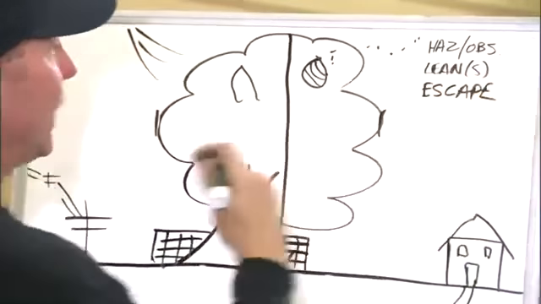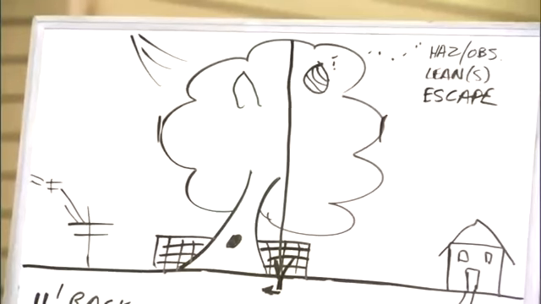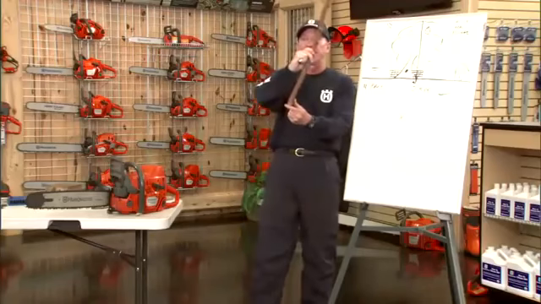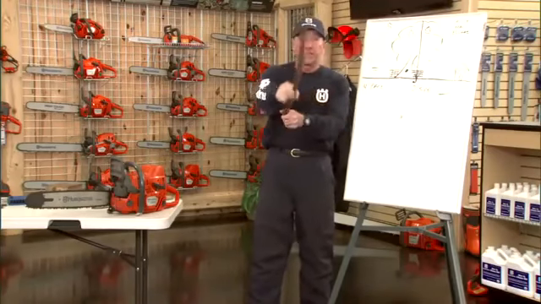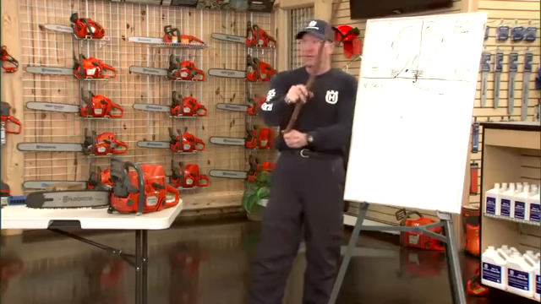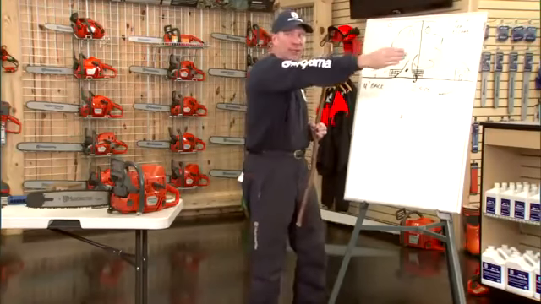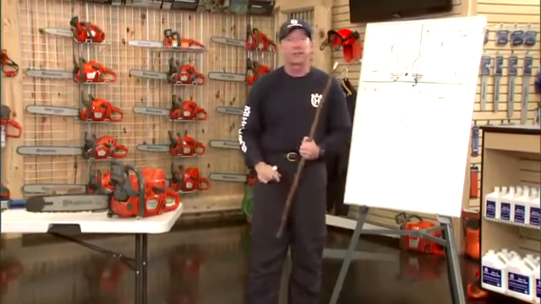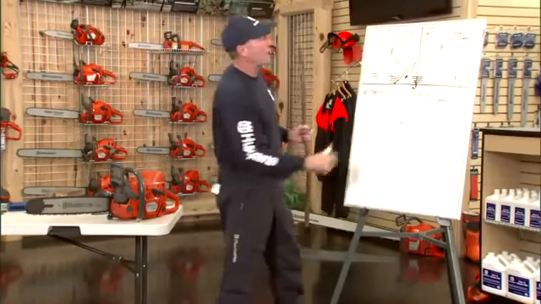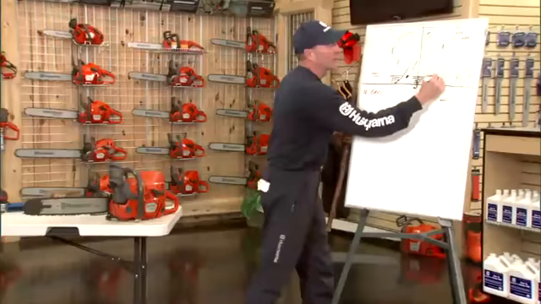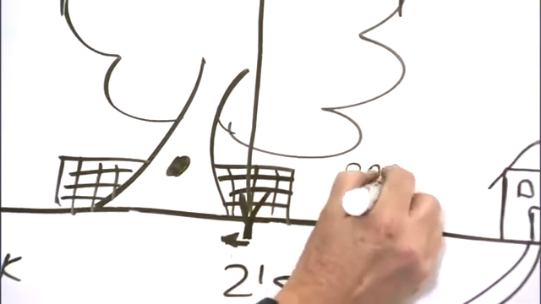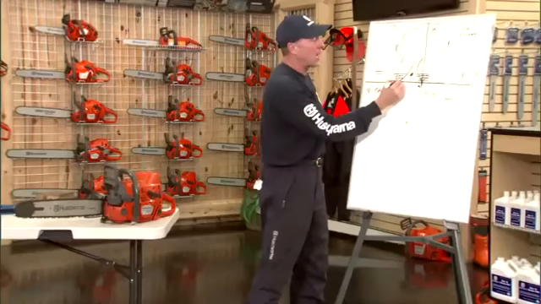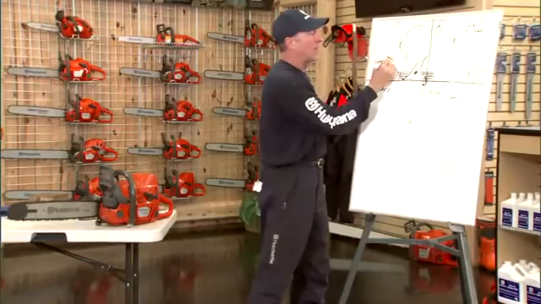Step 3 is the planned retreat, or what we would call the escape route. If you look at this tree leaning that way, as it is moving, and it's leaning to the left, there's a chance, if it does break free from the base, that this tree is going to fall to the left of where I want it. It's going to go to the side lean side of the tree. So that becomes the bad side of the tree. We want to, when we can, escape to the good side at a 45-degree angle to 15 feet, if you will, distance.